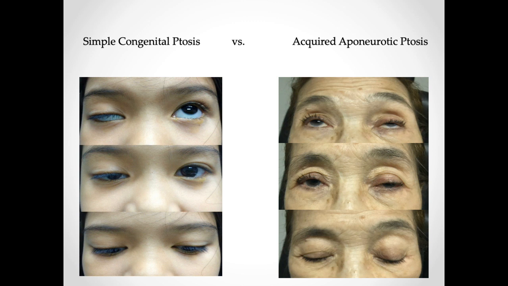And when they look down gaze, there is an eyelid lag for the ptotic eyelid on the younger patient and an eyelid drop on the left upper lid of the older patient. Again, an eyelid lag for congenital and an eyelid drop for the acquired aponeurotic. Eyelid lag means the eyelid margin is higher than the contralateral non-ptotic eyelid, and the eyelid drop is lower than the contralateral eyelid.